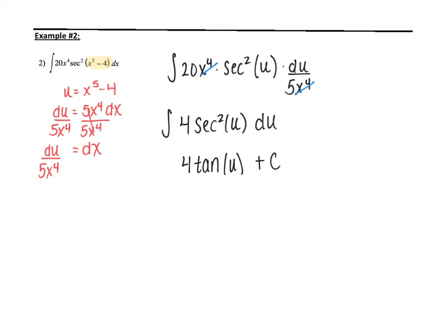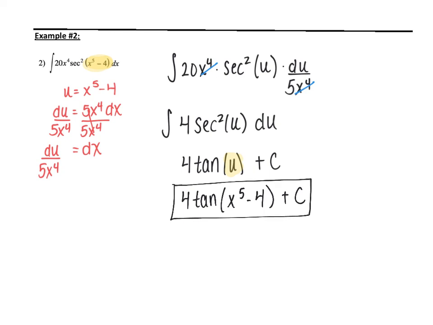And don't forget, since we let u equal x to the fifth minus 4, we have to plug that back in. So we have 4 tangent of x to the fifth minus 4, and then plus c. So that is my final answer.